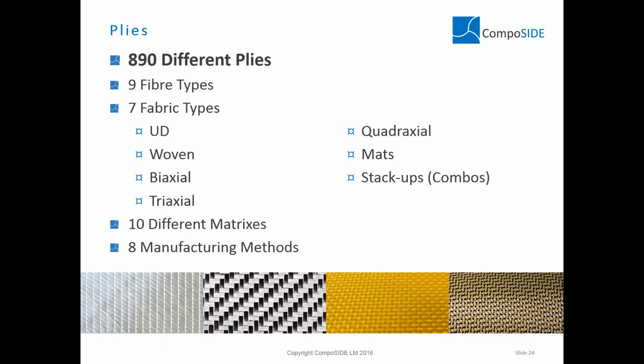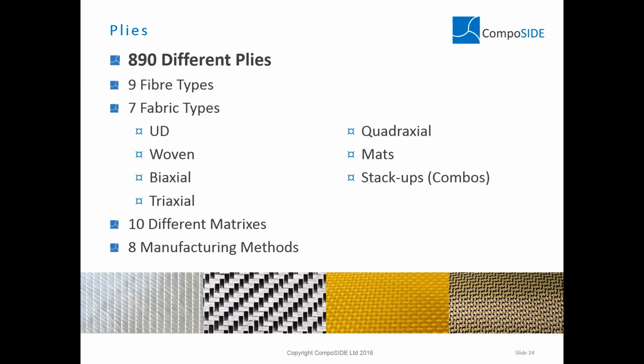In CMDB, due to this complexity, we end up with about 890 plies with 9 different fiber types and 7 fabric types. About 95 to 98% of composite applications are built with products that are referenced within CMDB, with a mix of unidirectional, wovens, biax, triax, quadrax, mats, and stack-ups that are commonly used in polyester-built composite structures with mat combined with multi-axials.